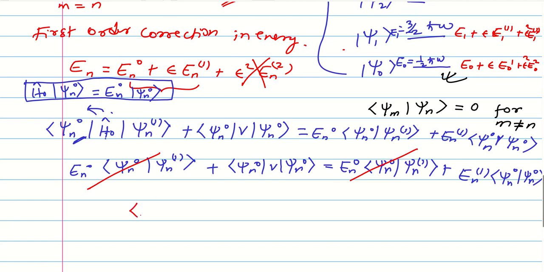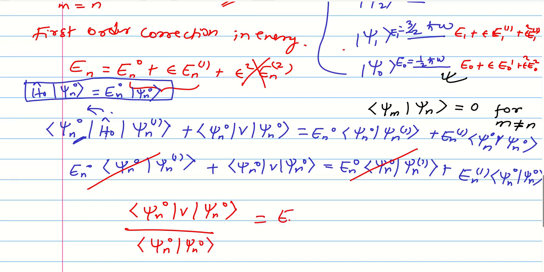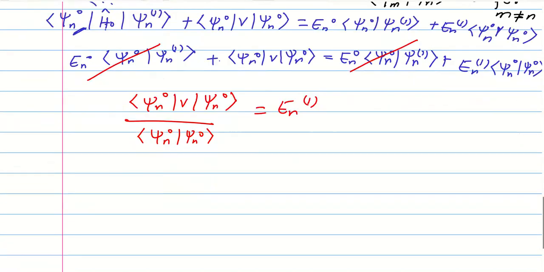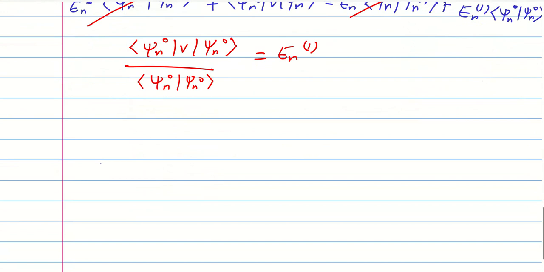What you are left with is this one, and the denominator will come. This is your first order correction in energy. So you have successfully calculated E_n^(1), right? So you can plug it here and then you can find your first order correction in energy.